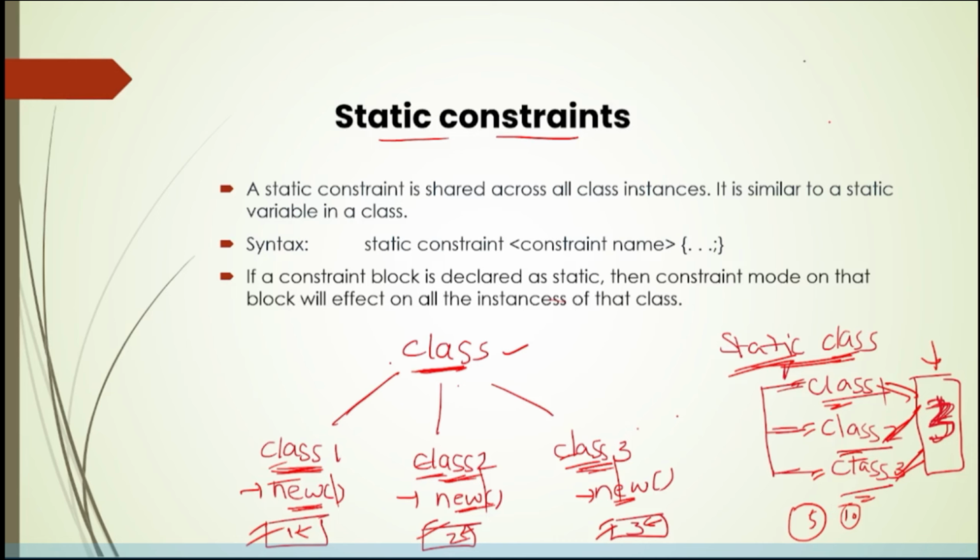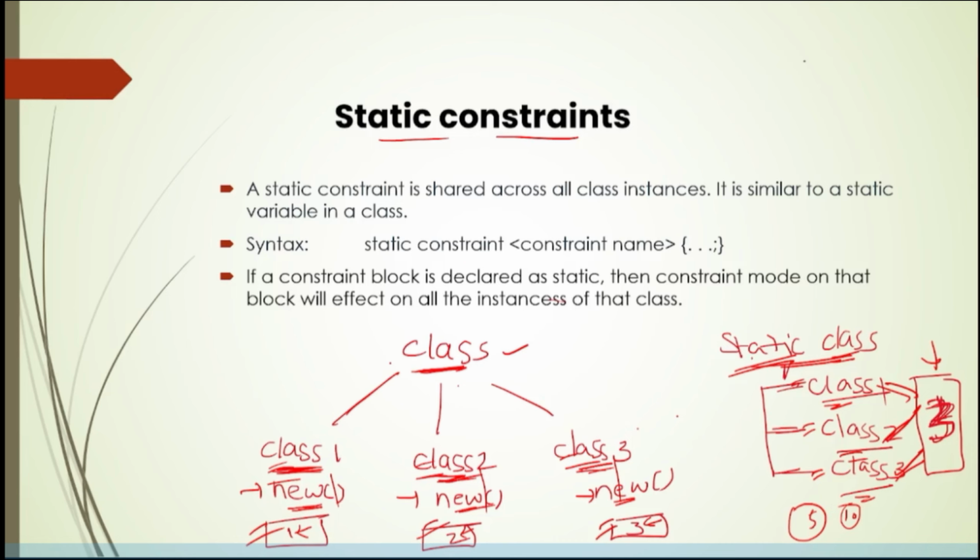The same goes for a normal constraint and a static constraint. With normal constraints, when you take two instances and write constraints for these two instances, they will be stored in different memory locations.